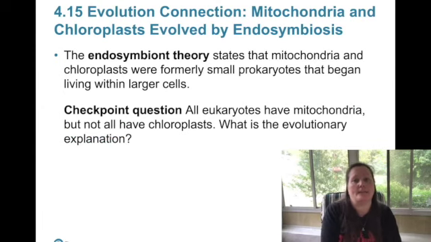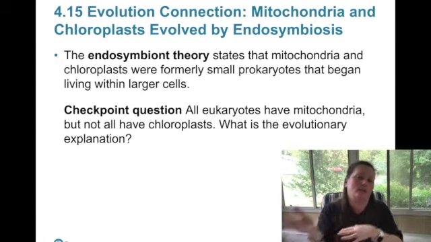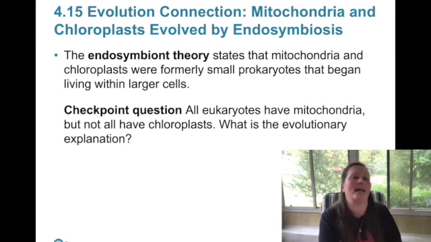Endosymbiont theory. This states that the mitochondria and chloroplasts were formerly small prokaryotes that began living within larger cells. Basically, it's suggesting that the larger cell absorbed it and brought it in. They worked together, and that's what evolutionary-wise led to this. So the checkpoint question. All eukaryotes have mitochondria, but not all have chloroplasts.